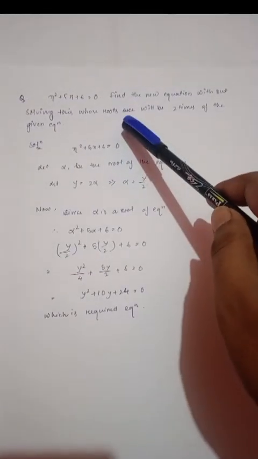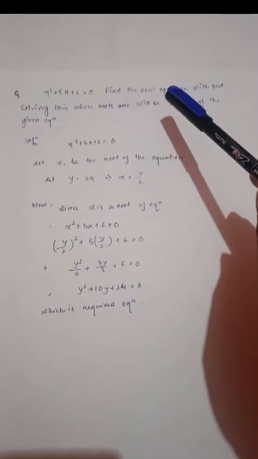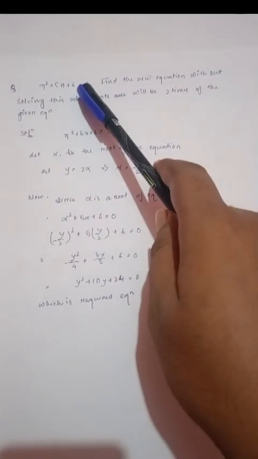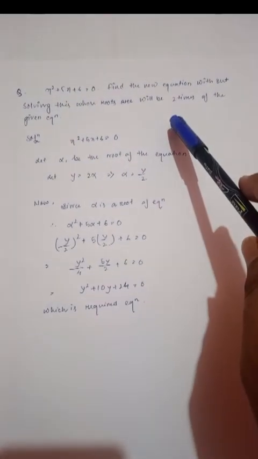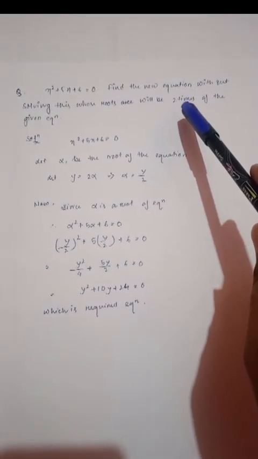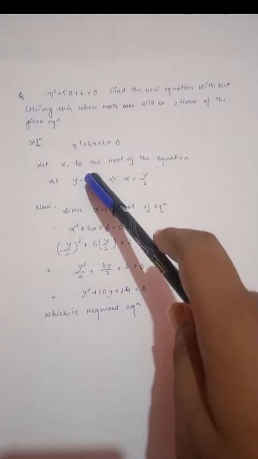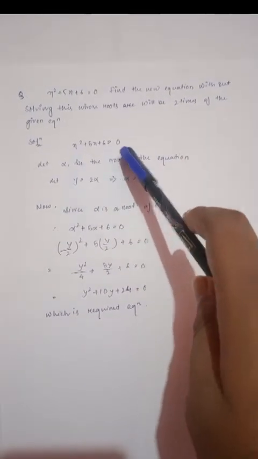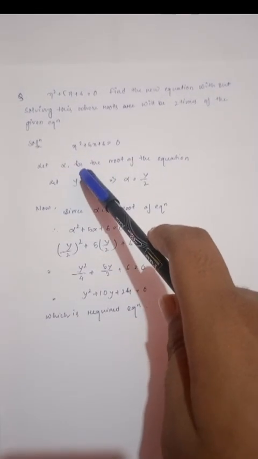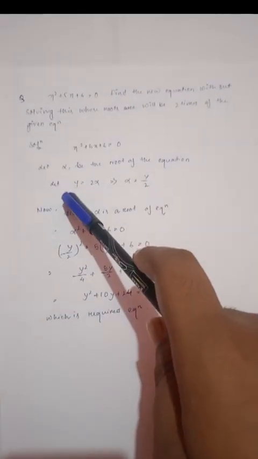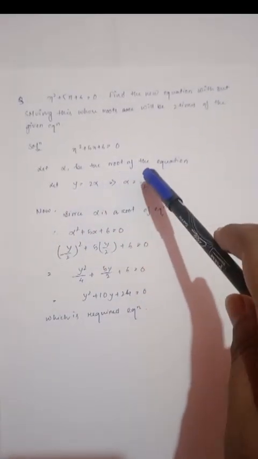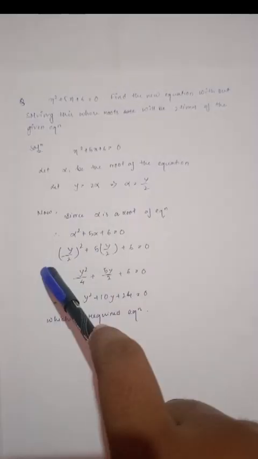In this question we are going to find a new equation whose roots are 2 times the roots of the given equation. This is the given equation, and let alpha be a root of the equation. Then y is equal to 2 alpha, and alpha is equal to y by 2.